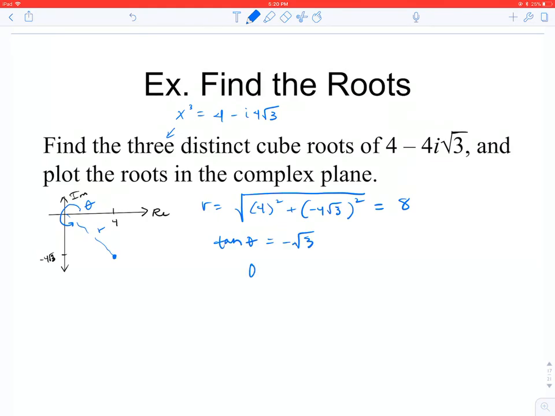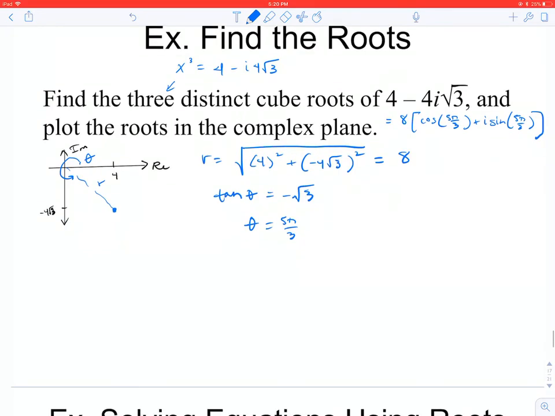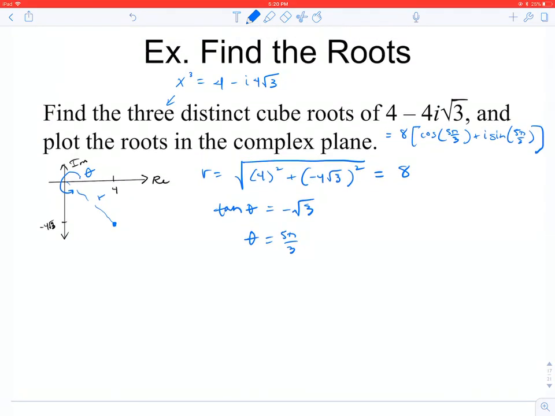Then tan theta equals negative root 3. So theta is equal to 5 pi over 3. So this in polar form is 8 times cosine 5 pi over 3 plus i sine 5 pi over 3.